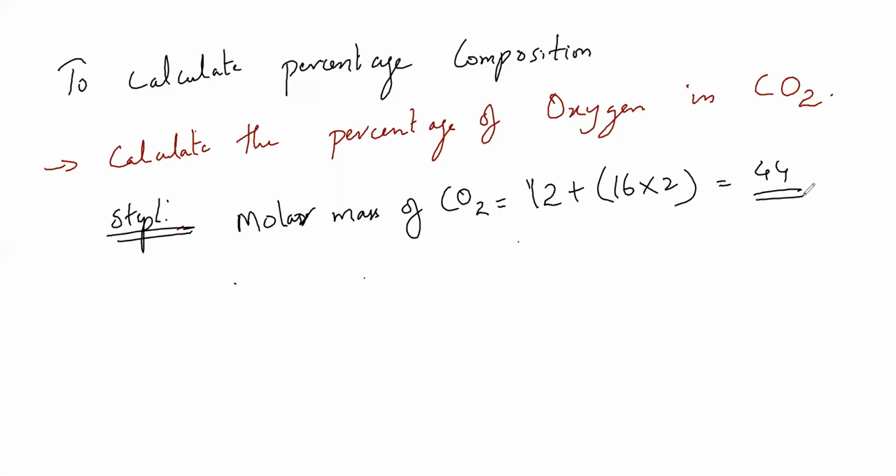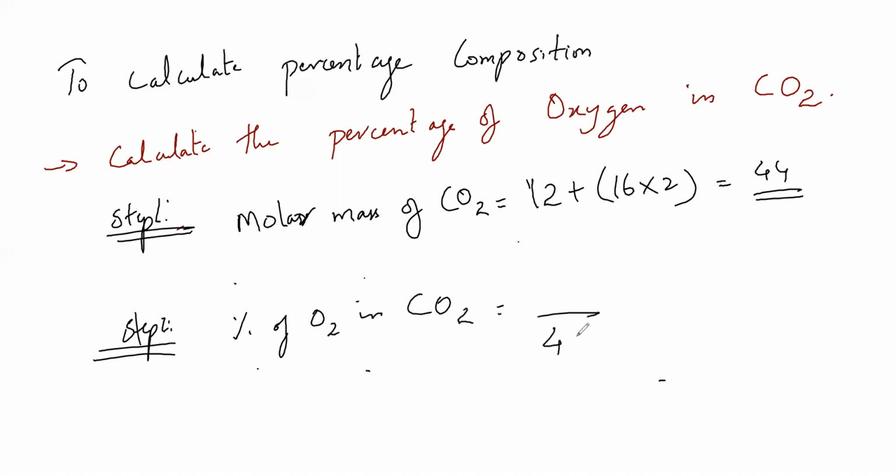So in step 2, calculating the percentage of oxygen in carbon dioxide, out of this 44, 32 are occupied by oxygen itself, into 100. So you'll get around 72.7%. That's all. You have to put this in a box.